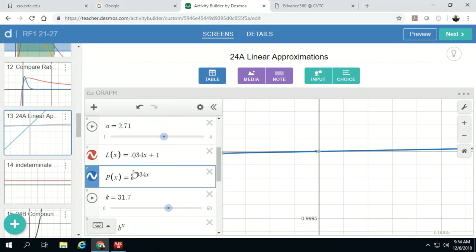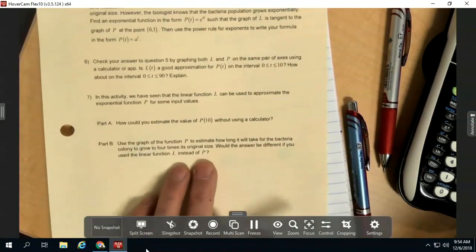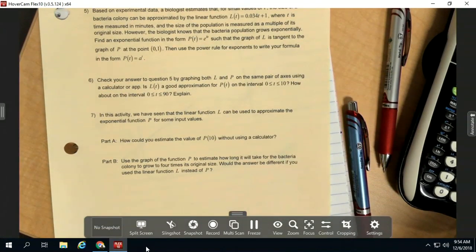So if you notice, those two functions are the exact same. Oh, I put the 0.034 in the wrong spot, didn't I? 0.034. So if the linear function grows by 0.034, the exponential function grows by 0.034 also.